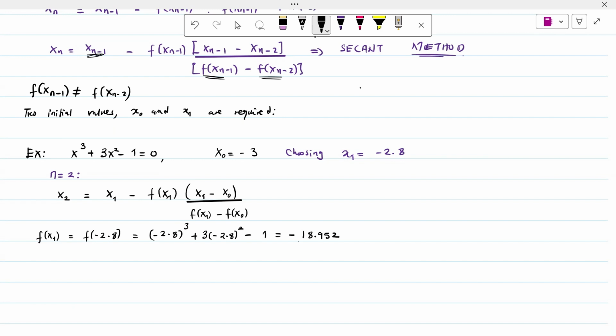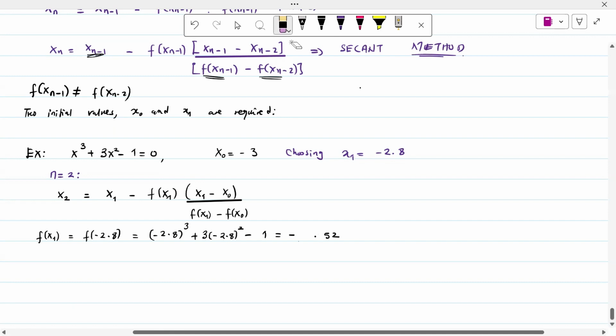Oh, in fact, it's not even 18. I also made a mistake, I skipped something here. It's not even 18. Okay, 15. Have you confirmed that? Negative 15.112. Have you confirmed?